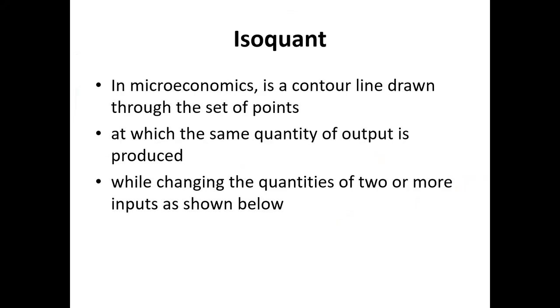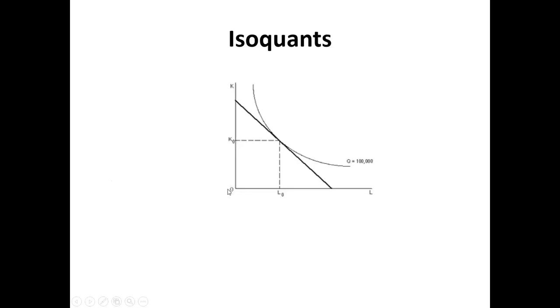So they are contour lines. They offer the same quantity of output while changing the quantities of two or more inputs as shown below. So this point where the budget line kisses the indifference, or the isoquant kisses the budget line, what point do we call this? What point do we call this?